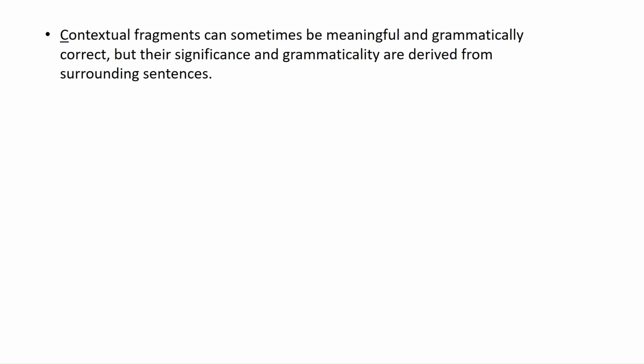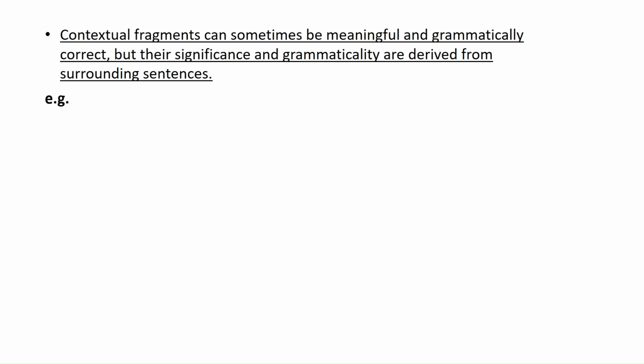Contextual fragments can sometimes be meaningful and grammatically correct, but their significance and grammaticality are derived from surrounding sentences. Look at this dialogue. Mom: Where are you going? Child: To the playground. The prepositional phrase "to the playground" doesn't make sense on its own, but it's a very acceptable answer within the context.